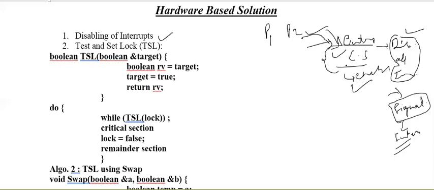P2 wants to enter the critical section, hence you have disabled all the interrupts. But P1 wants to perform some other task which is not related to this critical section. Because your operating system has disabled all the interrupts, P1 will not execute at all.